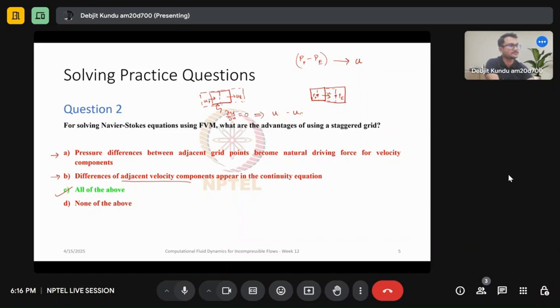So, U of that cell and U small e going outside. Not P, this will be small w, being equal to 0. And if you have V in the y direction, that will also come up.